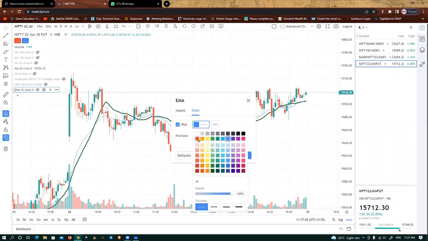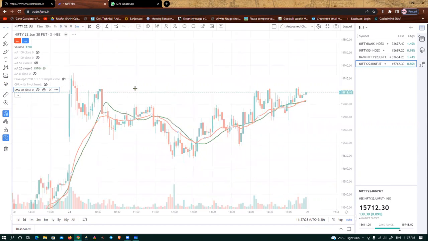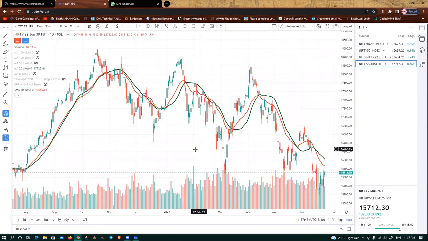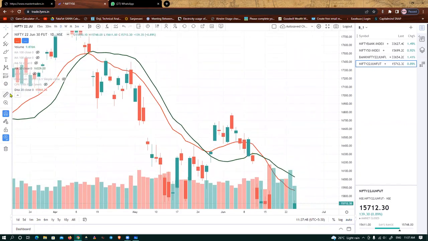Let us give a different color. You can see here, this one is 20 SMA, and the red one is 20 EMA. Now you can see the difference.